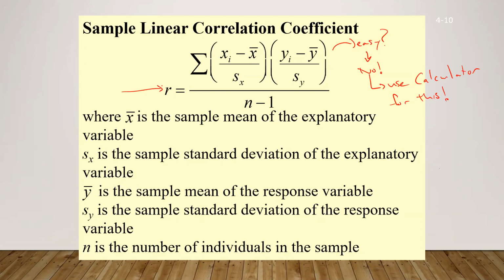Just know we're going to spend the rest of class looking at the value of R. That's more important. We just want to know the value of R, so we're going to have our calculator do it for us. Thank gosh. But just know that there's an actual formula behind this value R.